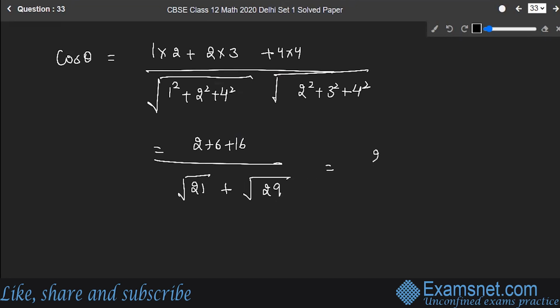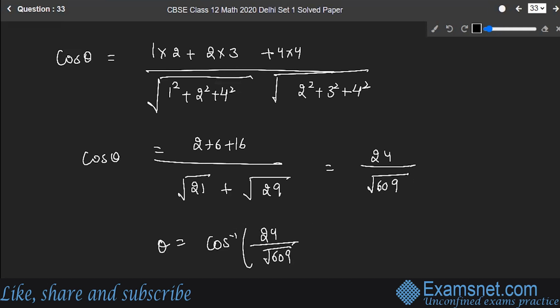Okay. So this is equal to 24 upon root of 609. This is cos theta. And what will be theta? It will be, of course, cos inverse of this value. That's it. So this is the angle between the two given lines and the answer to our question.